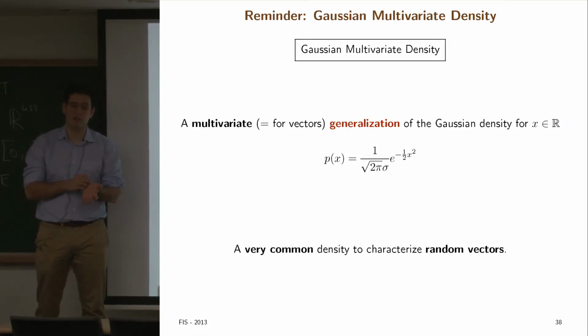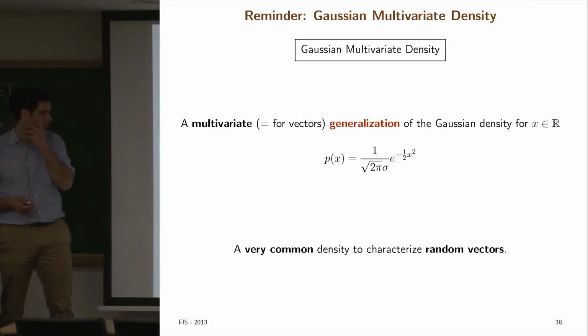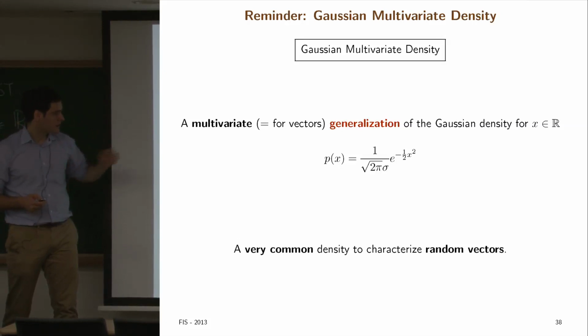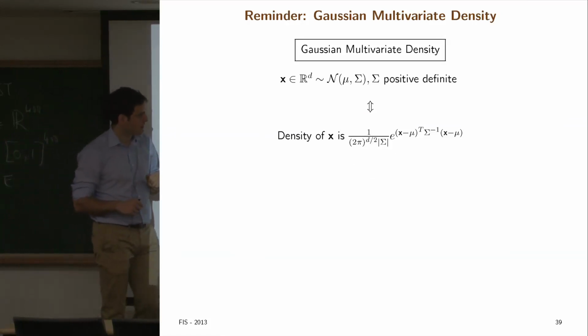That is, we're interested in seeing how likely it is that a particular vector appears. What would be the translation of that with the Gaussian model? This is what people call the multivariate Gaussian density, and it's built in this way.